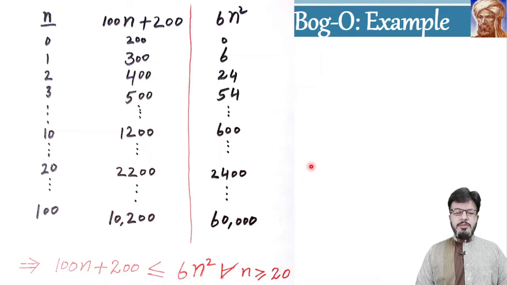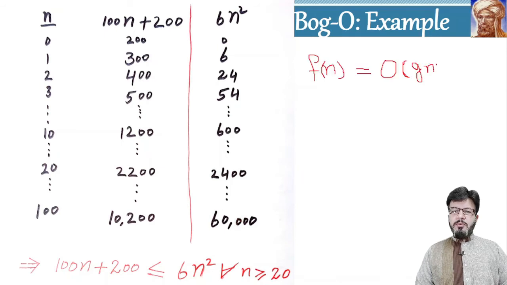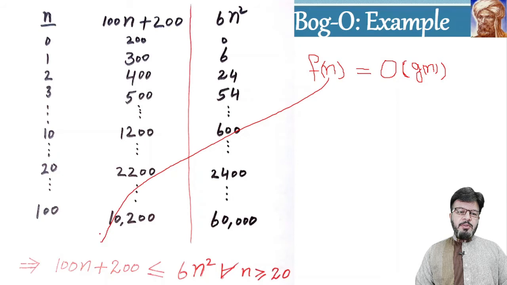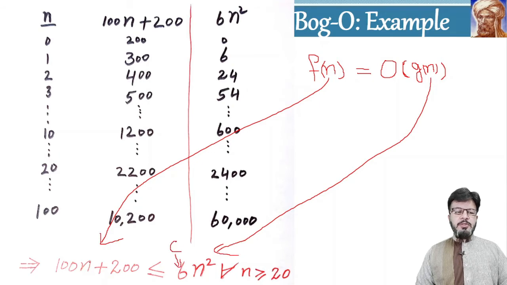Therefore we can write f of n is equal to big O of g of n, where c is 6. So by definition, f of n is equal to big O of g of n.